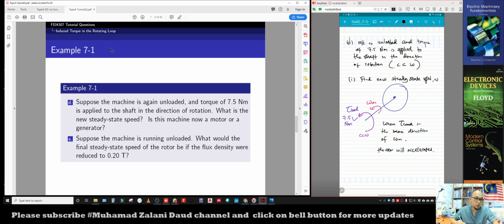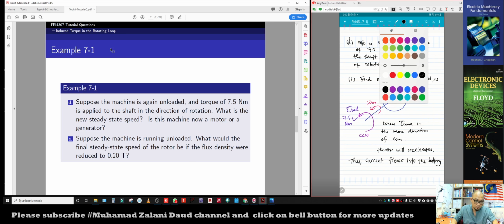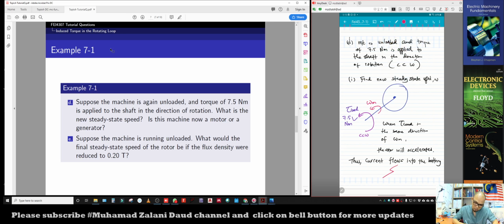will accelerate. The current flows into the battery, meaning that the battery is absorbing power. You can just draw the situation now.